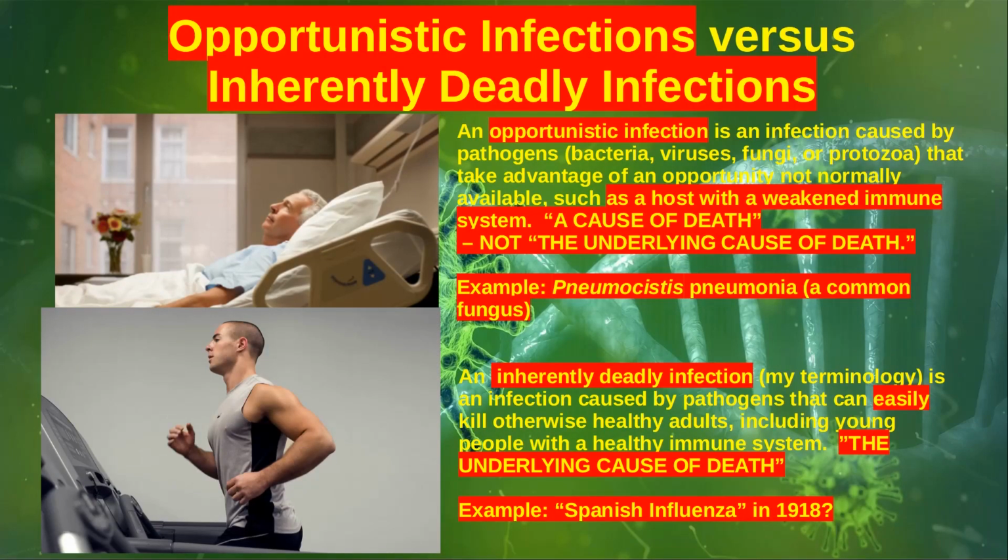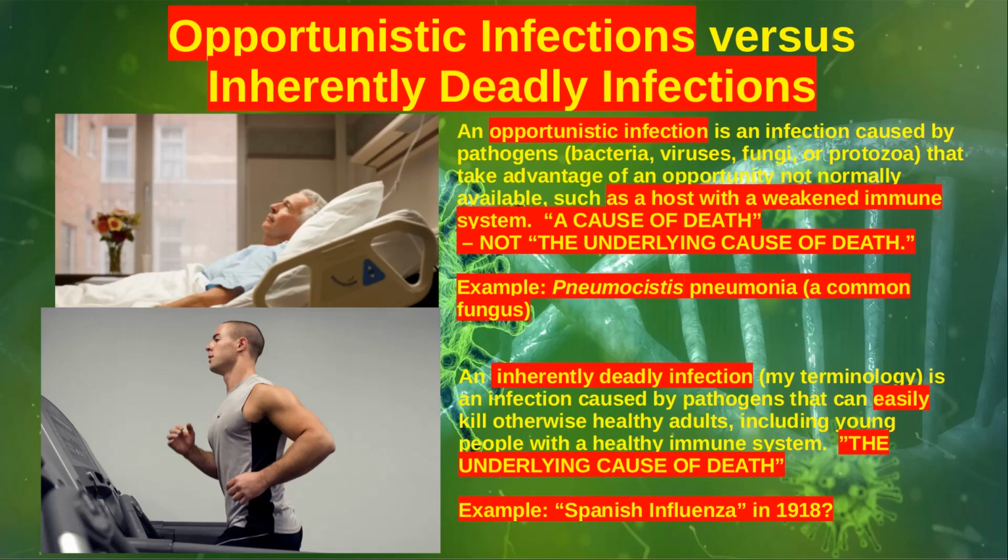It's important to understand the concept of opportunistic infection, this is a medical term, versus what I call inherently deadly infections. An opportunistic infection is an infection caused by pathogens, bacteria, viruses, fungi, or protozoa that take advantage of an opportunity not normally available, such as a host with a weakened immune system.